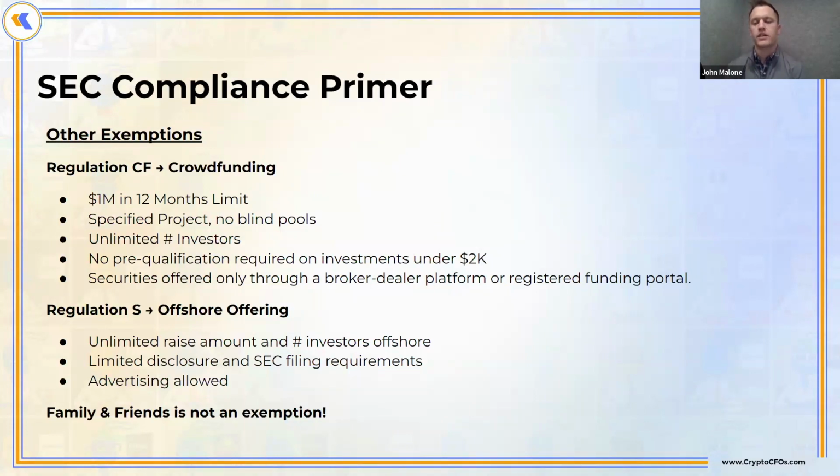It's not just open-ended, hey, we're going to raise this capital and invest in multiple projects. You can have an unlimited number of investors. So no pre-qualification, no accreditation requirement on investments under $2,000. There are more requirements if the investment is over that. And then it has to be through one of these broker dealer platforms or funding portals that you see online.